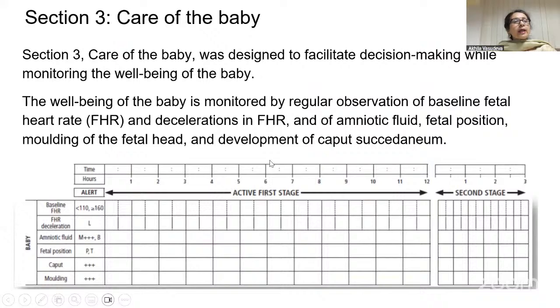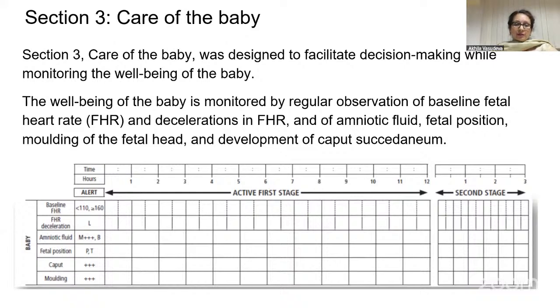Now, coming to the care of the baby, one thing here is that it completely relies on intermittent fetal auscultation. Again, we all have this experience. It is literally impossible to have a doctor at the bedside auscultating for 1 full minute every 15 minutes during the first stage of labor.